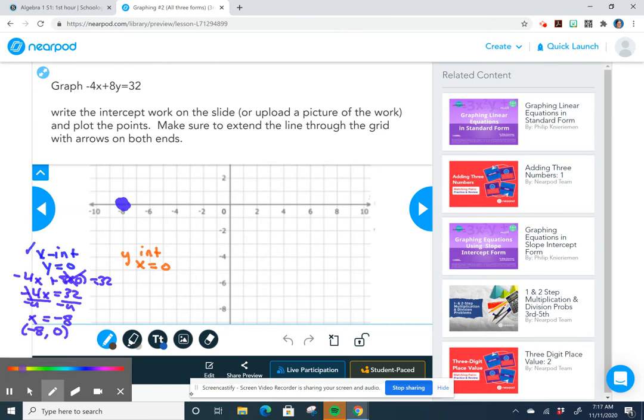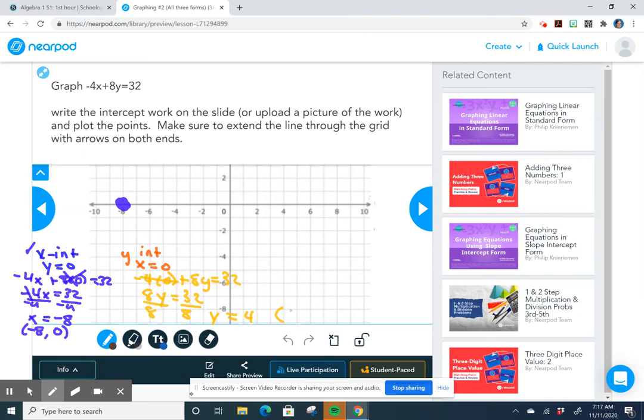Now once again, we're going to start with the equation that was given to us, but this time we're going to put in 0 for x. So then we have our y showing. Negative 4 times 0 goes away. We're left with 8y equals 32. Now we have a one step, so y equals 4.